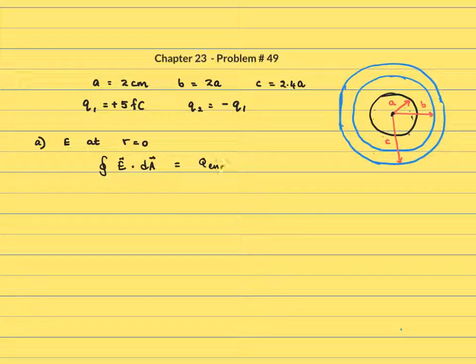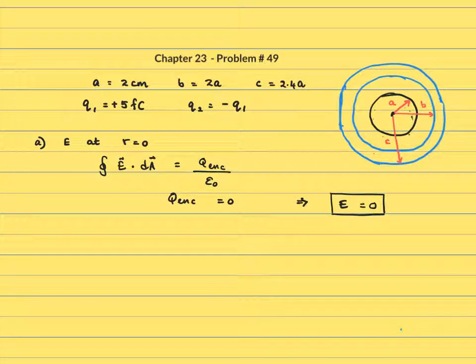And then you have Q enclosed divided by epsilon, and when you look at that point, there is no enclosed charge. As a result, Q enclosed equals 0, so we end up with E equals 0 at that point. That's easy.